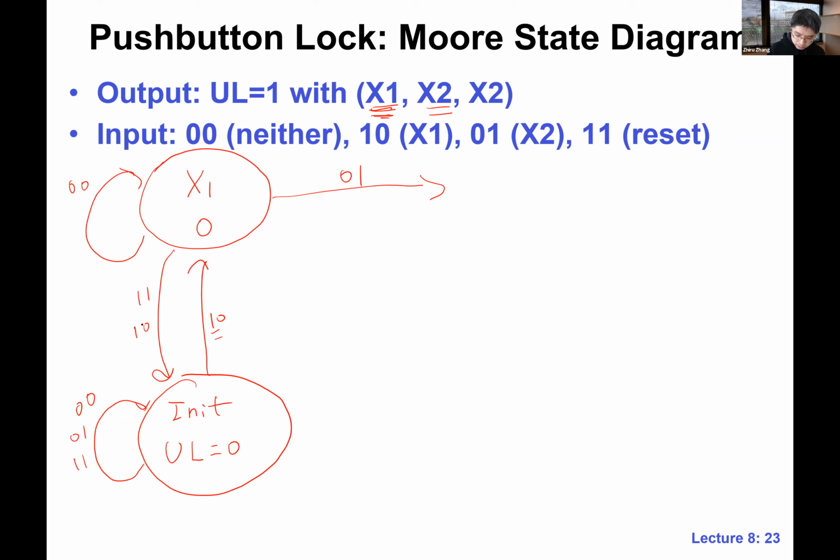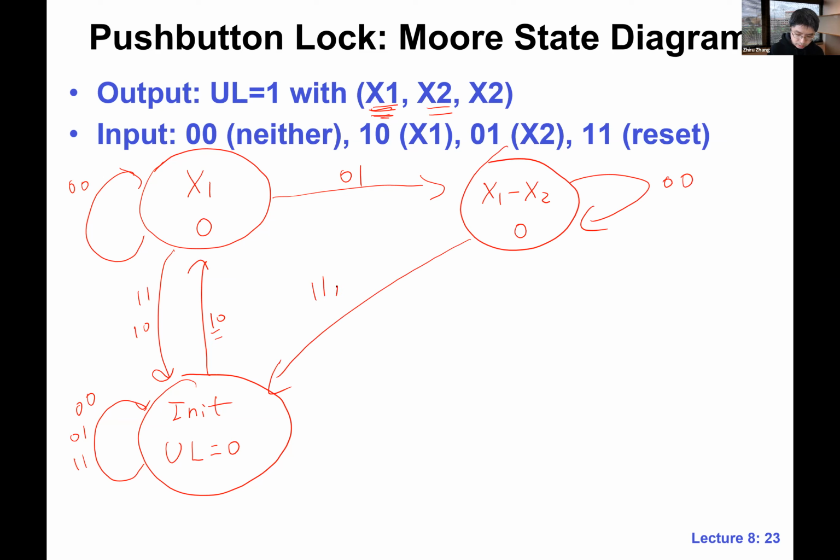Okay, so now let's look at the next state. Let's call it x1. We got x1 and then x2. What do we output? We output 0, and we also stay here for 0, 0. Nothing interesting. Go back for 1, 1.